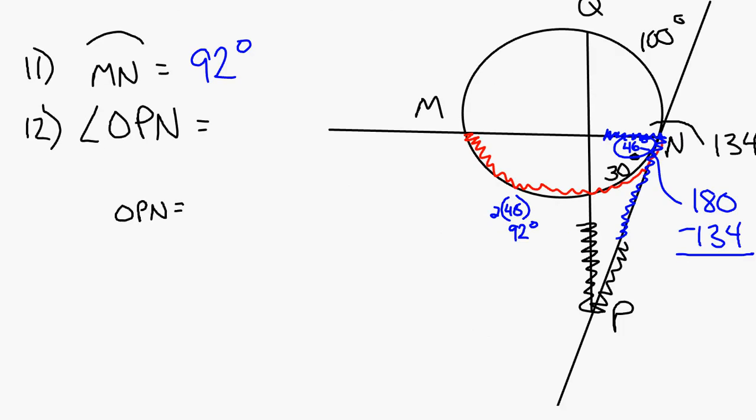So you've got 100 minus this 30 degree arc that was given. Alright, so OPN is equal to 1/2 times 70. So angle OPN is equal to 35 degrees.